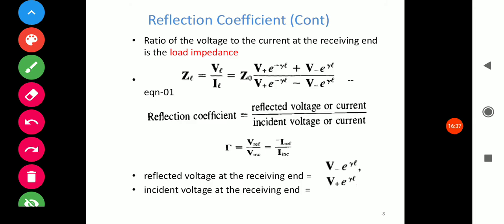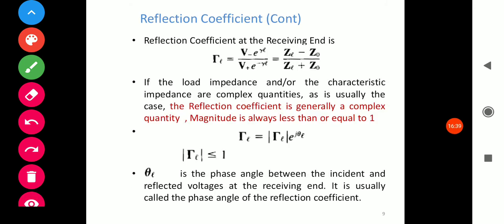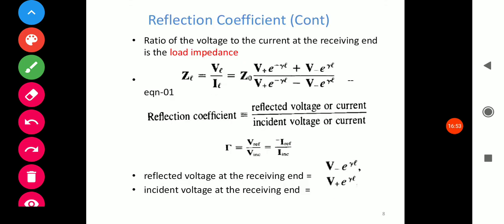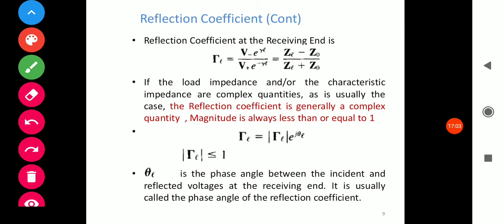If I substitute those values, V minus e power gamma L and V plus e power minus gamma L, into the ZL formula and rearrange the equation, we get gamma.